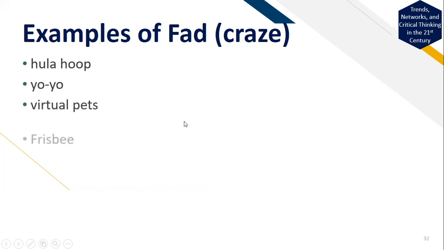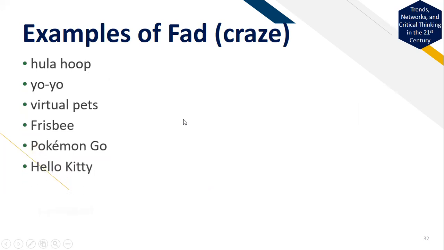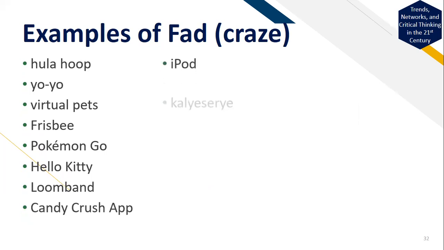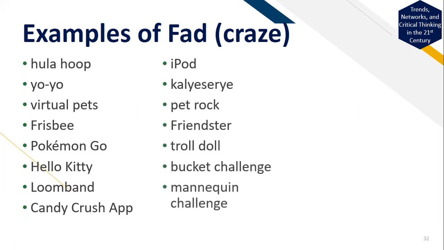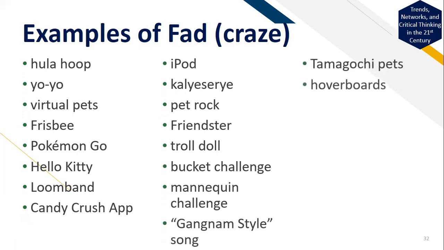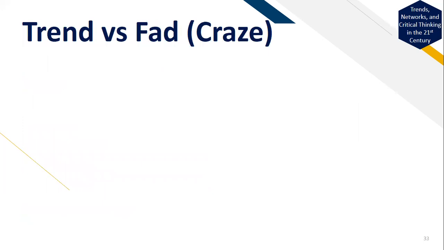So, ano example ng fad? Ito: hula hoop, yo-yo, virtual pets, frisbee, Pokemon Go, Hello Kitty, Loom bands, Candy Crush app, iPod, Kalyeserye, Petrack, Friendster, Troll Doll, Ice Bucket Challenge, Mannequin Challenge, Gangnam Style, Tamagotchi pets, hoverboards, fidget spinners.